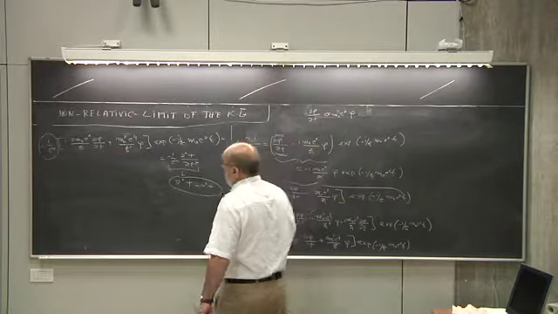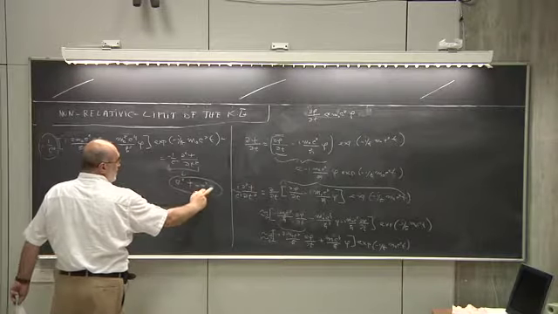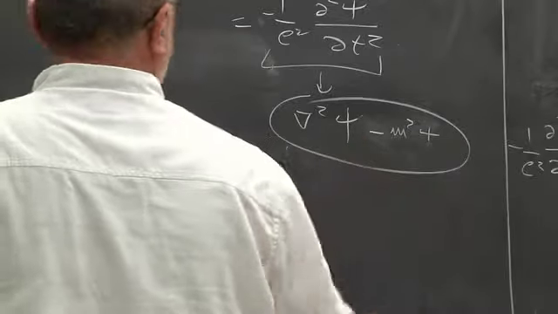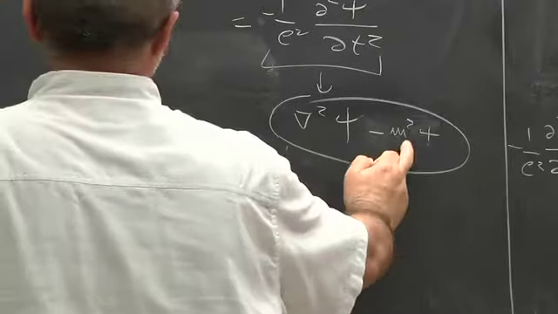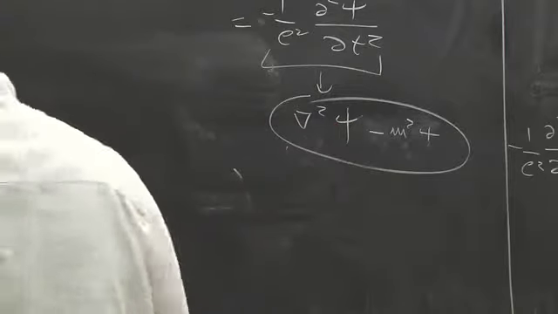And there is an h bar and so on, but it doesn't matter. So I replace this with the spatial part because I use the Klein-Gordon equation. There is an extra term that cancels with this. What you are left with is the space part and the time part.